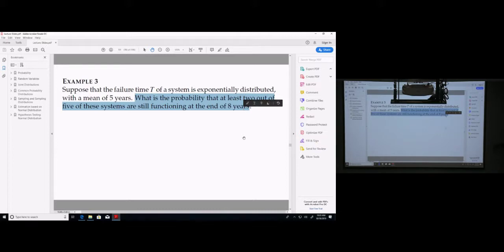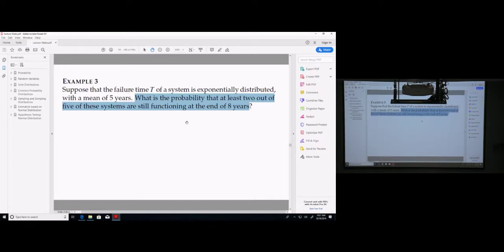I think this is not spelled out very clearly. These 5 systems are acting independently of one another. And so we are asking, at the end of the 8 years, I want at least 2 of them to survive beyond 8 years.